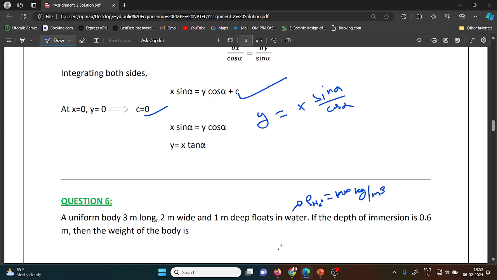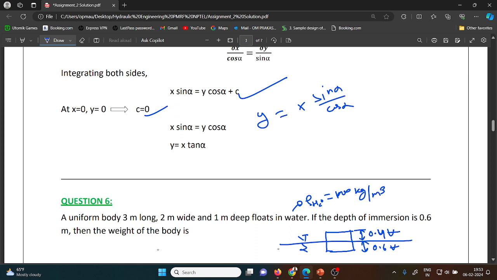If you consider the depth of immersion, only 0.6 part is immersed. If the body is 100%, then 0.4 of its volume is above and 0.6 of its volume, here I am writing V is equal to volume, is immersed in the liquid, that is water.